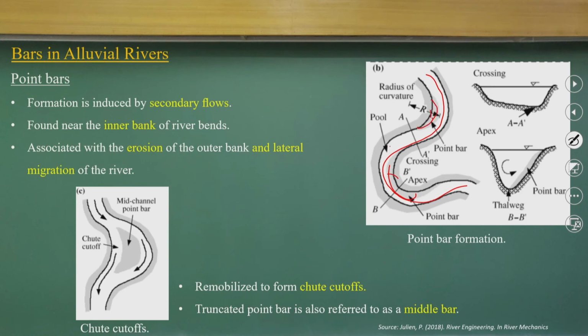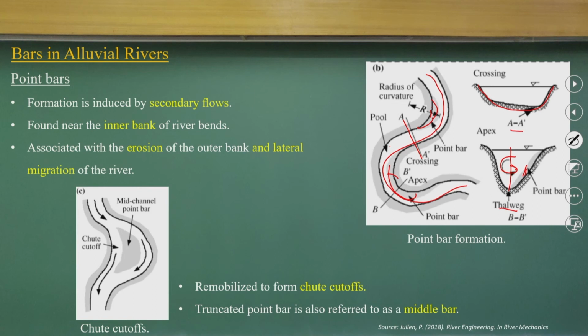There will be a pool, there will be the point bar formations, a river crossing point will be there, and if you take a cross section at A dash, which is just a crossover, you can have a close to parabolic shape. But near the thalweg line, near this point bar, you can see the depositions, you can have a secondary current and you can have a defined channel.